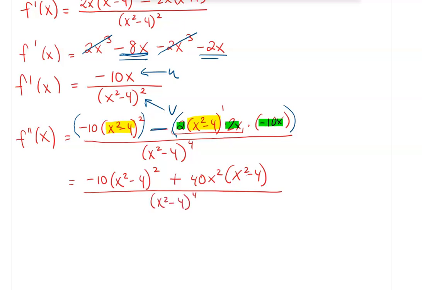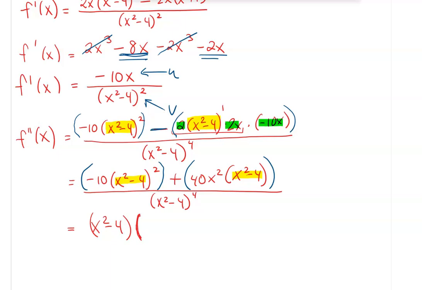So I'm going to go back to recognizing that I have a common factor of x squared minus 4 in both of these sections, this part and this part, and I will factor that out of this term and this term. And then I'll put the leftover stuff in here.